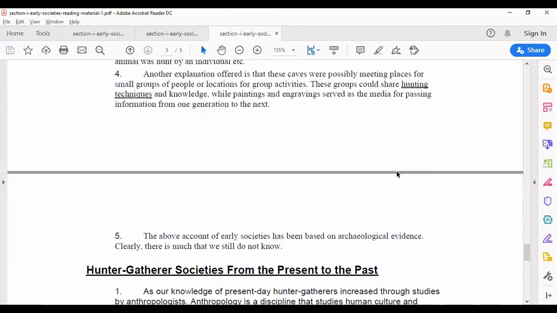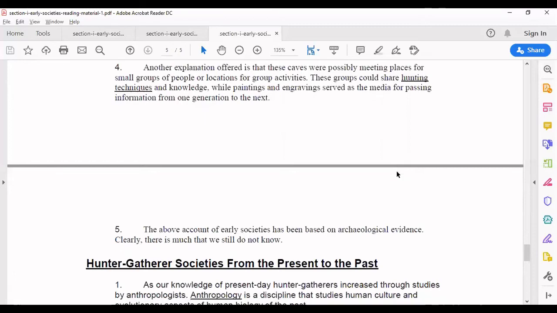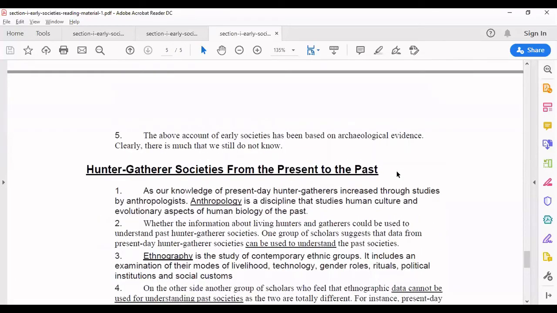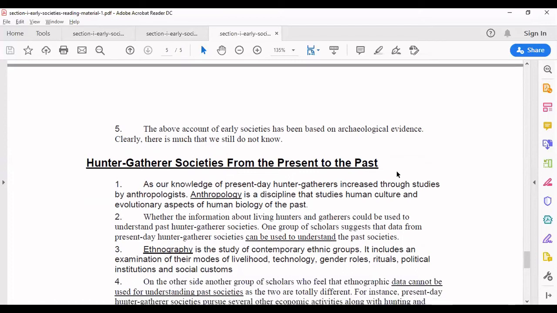These paintings and engravings also served as the medium for passing information from one generation to another. All the accounts that we have studied about early society are based on archaeological evidence, and still there is so much we do not know.